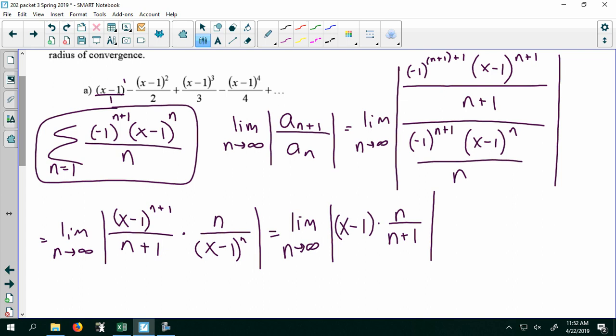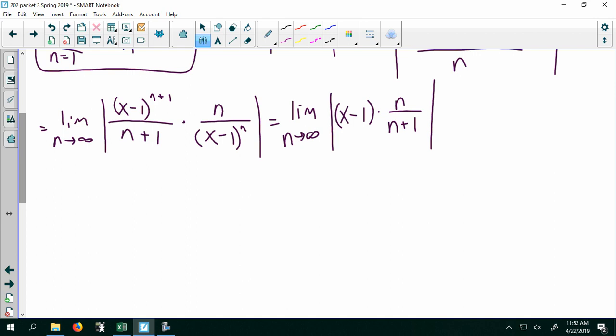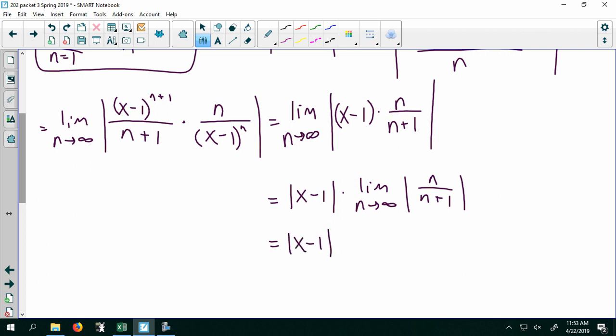All right, so now I'm going to take the x minus 1 out of the limit because this limit only deals with n. So x minus 1 has no bearing on the limit, so I can take the x minus 1 out. I have to keep it in absolute value because it's in absolute value here, times the limit as n goes to infinity of n over n plus 1, and that limit is 1. So this is just the absolute value of x minus 1 times 1.